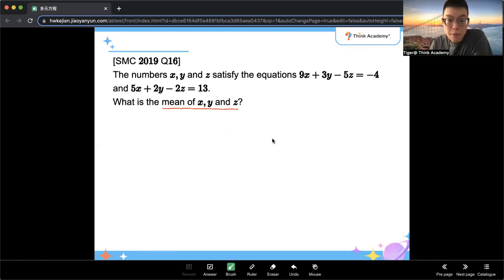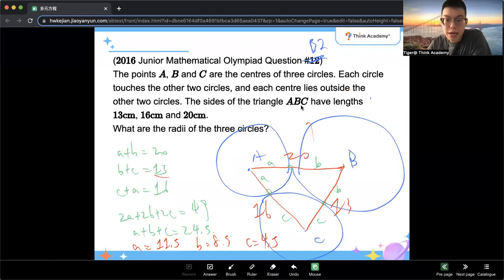Of course, because A, B, and C are just some randomly given circles, right? And the lengths, it didn't say which length is 13, 16, or 20. So it just says the three sides have lengths 13, 16, and 20. So it means that I do not have to know which is which and who is who.